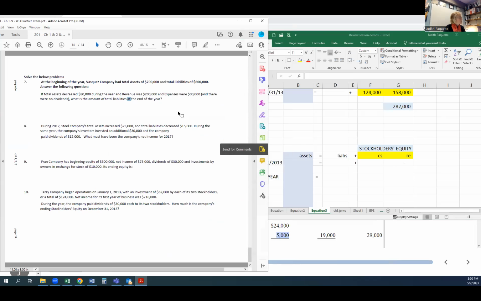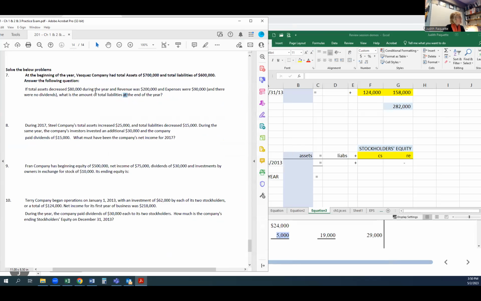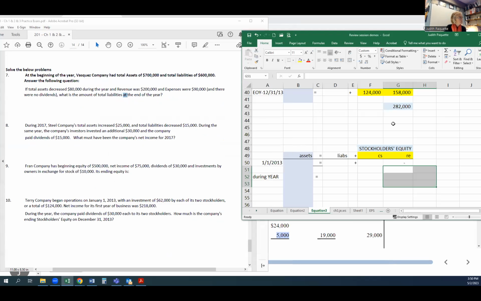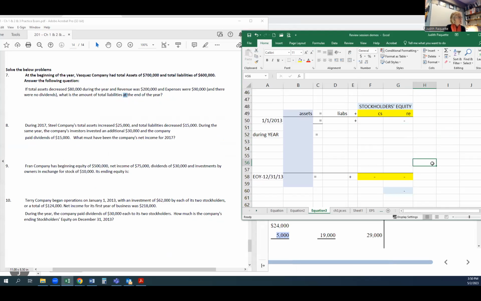Okay, so problem 7, problem 8. At the beginning of the year, Vasquez had total assets of 700. What I like to do is set this up, and remember, each row has to balance.